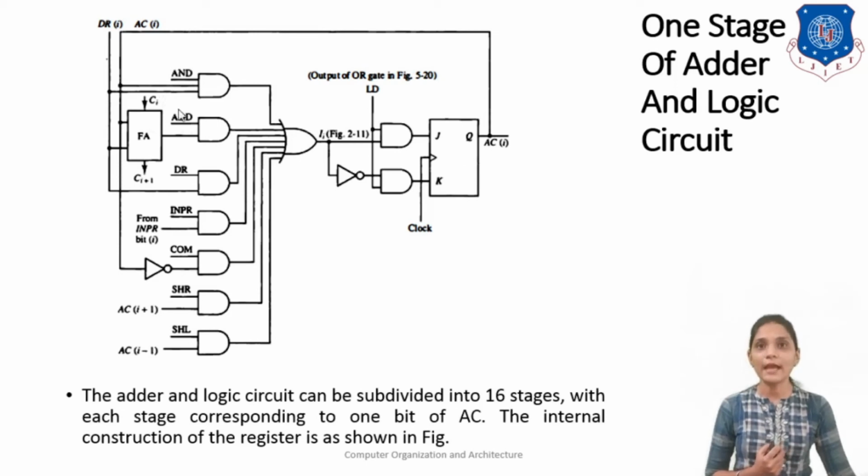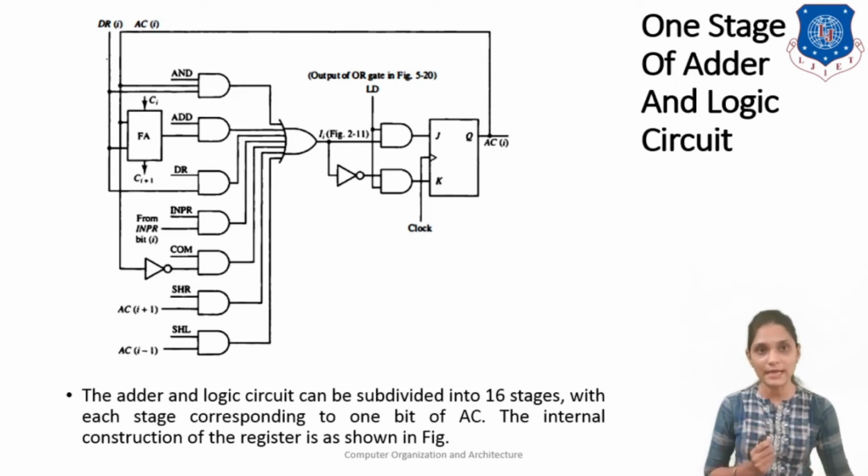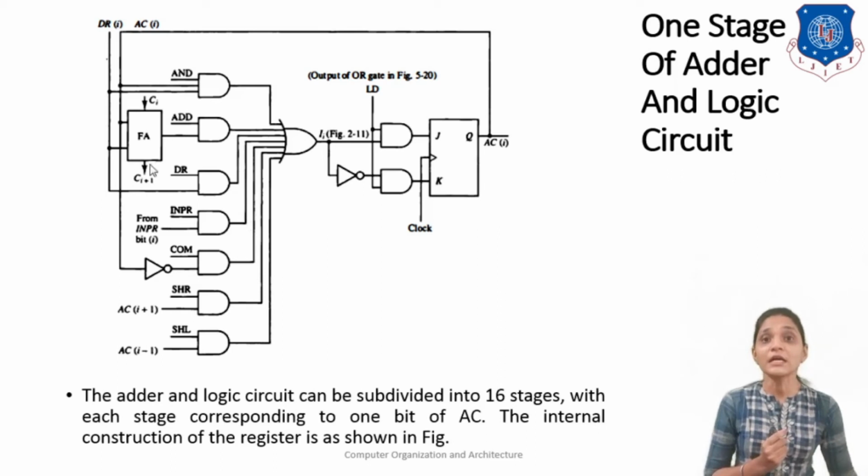Here this is for the AND operation, this is for the addition operation, this is for the loading operation, this is for the INPR operation, and this is for the complement, shifting right and shifting left operations. Clearing and incrementing are completed directly as we have used in the last circuit. So by using this kind of circuit we can perform the operation on one bit of the accumulator.